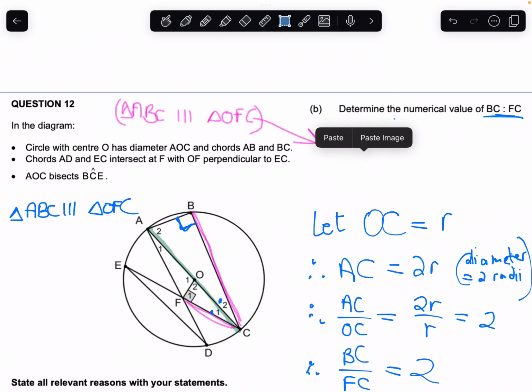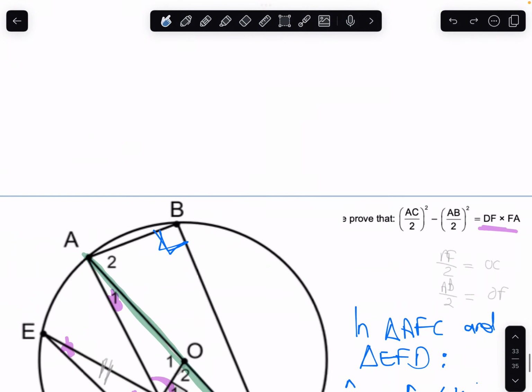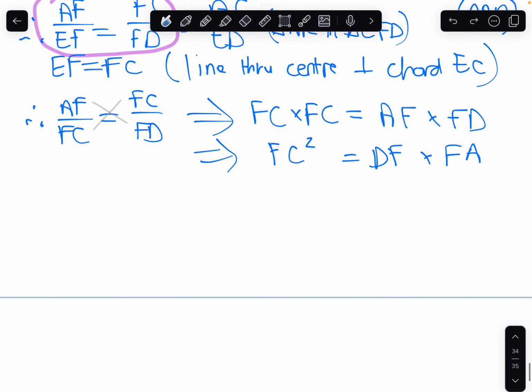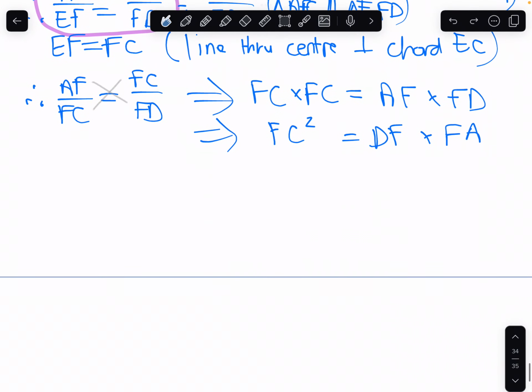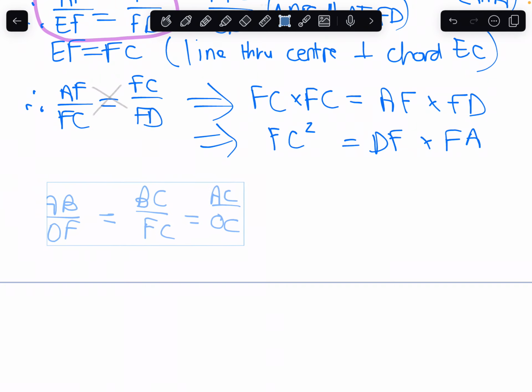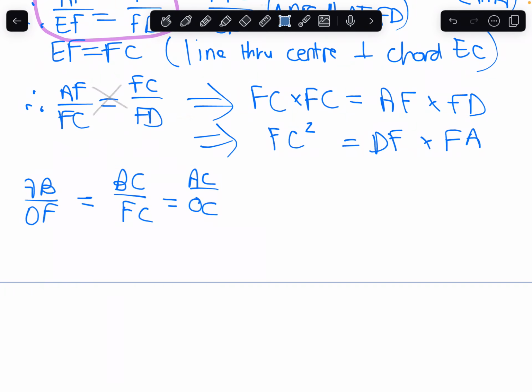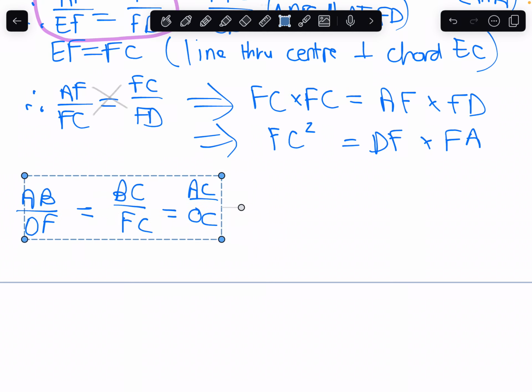Okay, let's try that again. Copy. So this is what we know from the previous question. Now just paste the things. Yes, like that.